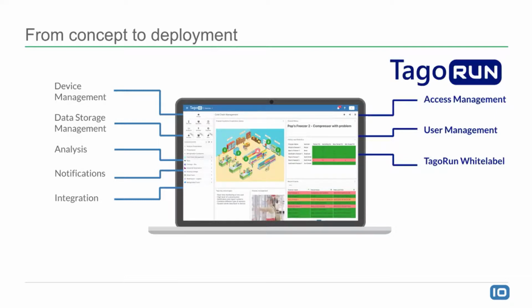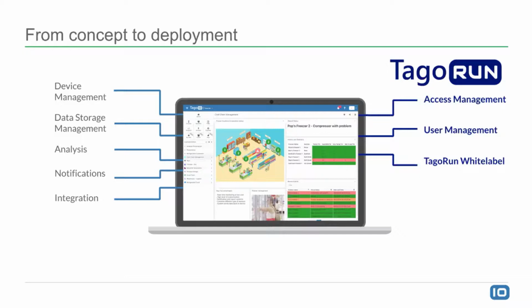On the right side now, we have what we call the TagoRUN. TagoRUN is composed basically of three elements, and these elements are prepared mainly for your user. You should be able to use the TagoRUN to grant access to the users of your application.